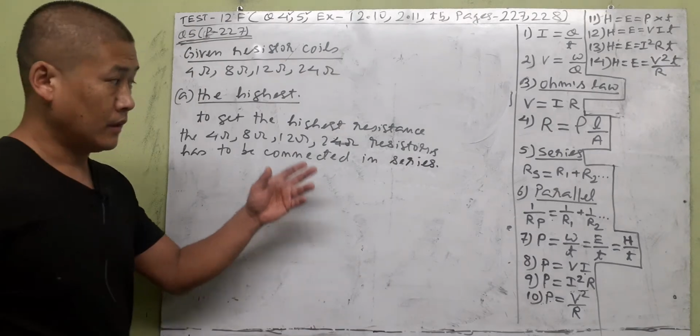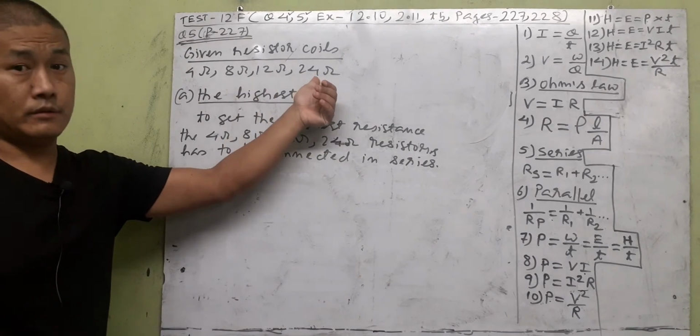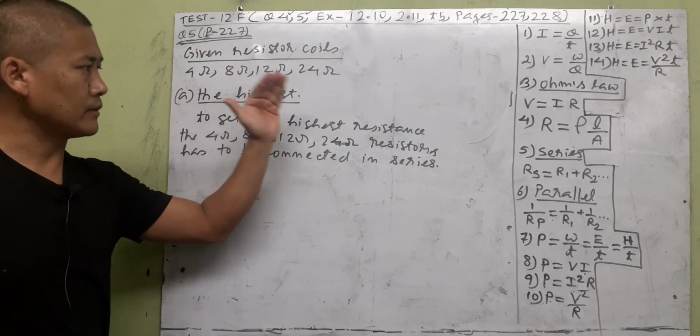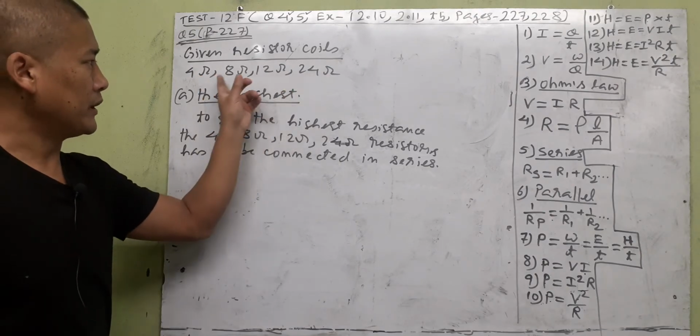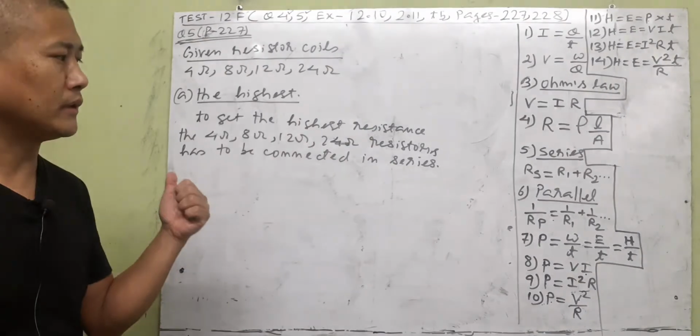Why? As I said, when you do in series, their total is going to be even higher than the highest, and there can be nothing higher than that. They are telling you how can you get the highest resistance possible by arranging this. How will you arrange this to get the highest? The arrangement is series. There can be no higher value than series.